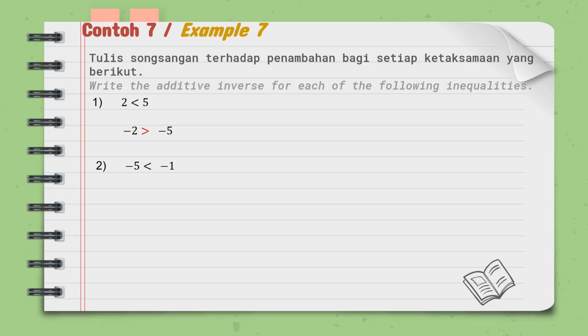You multiply both sides by negative 1, and of course you have 5 greater than 1. The negatives are there because you multiply by negative 1 on both sides of the inequality.